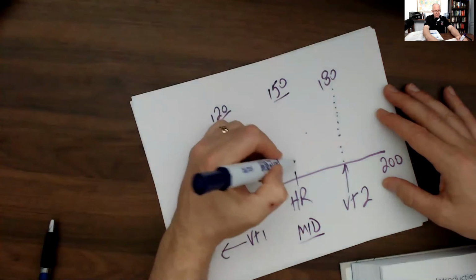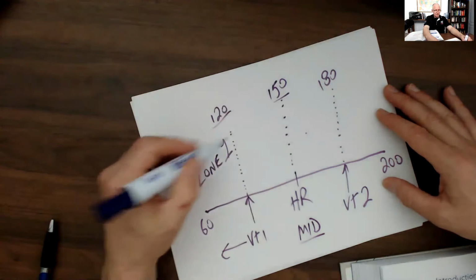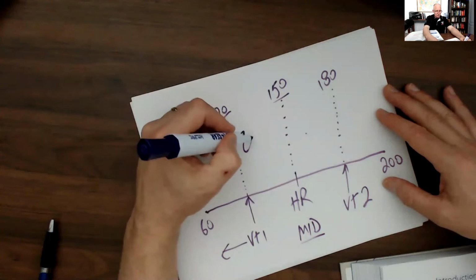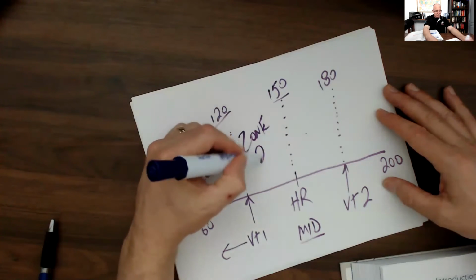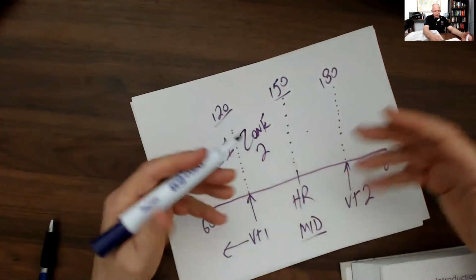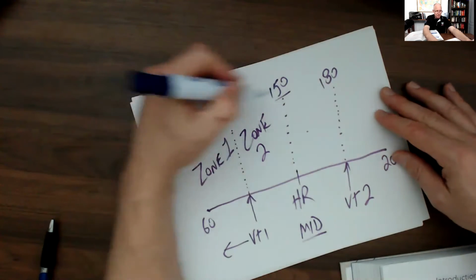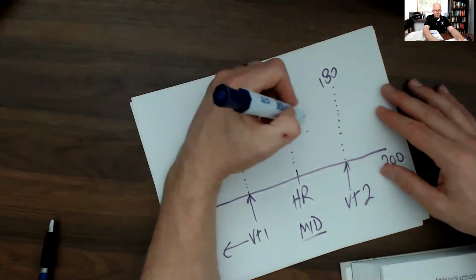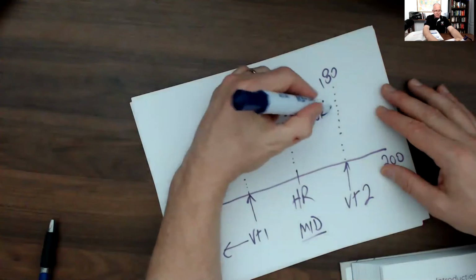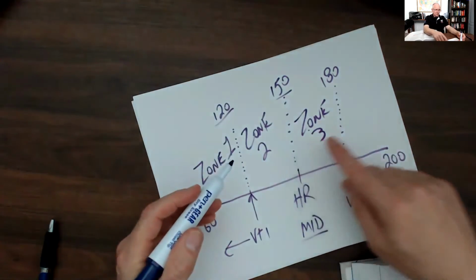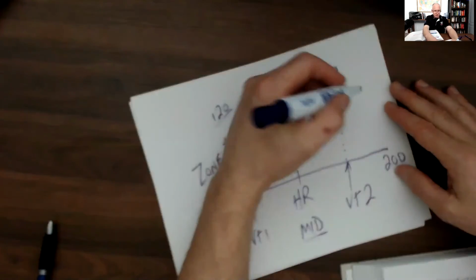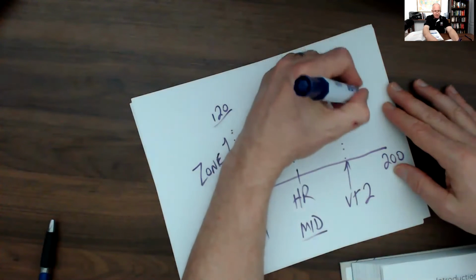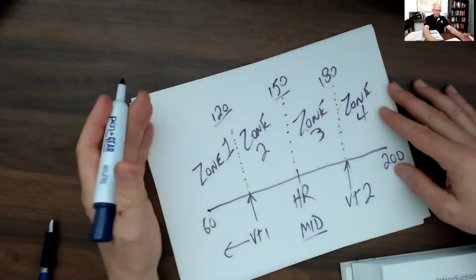And so look what we just did. So there's zone 1, this is zone 2. So any heart rate that your client is at that's between 120 and 150 is zone 2. Zone 3 is midpoint to VT2, and then zone 4 training is going to be above VT2.